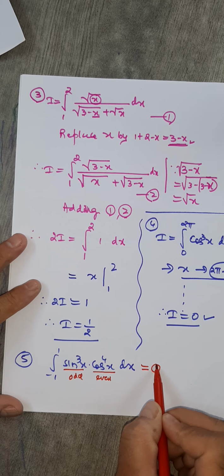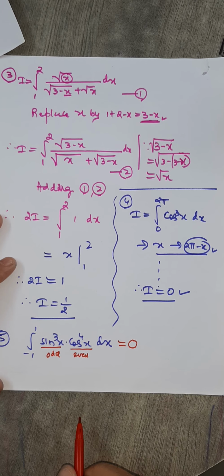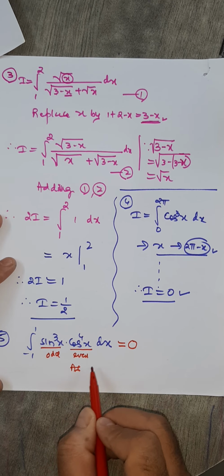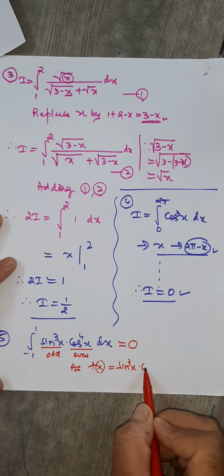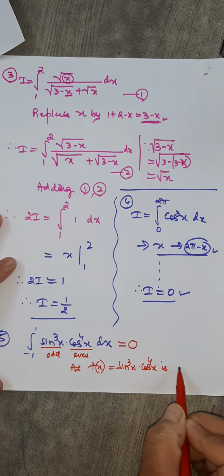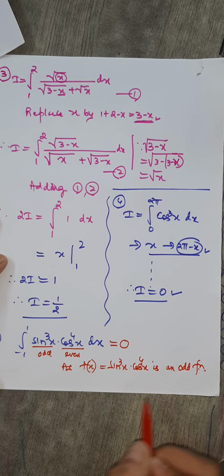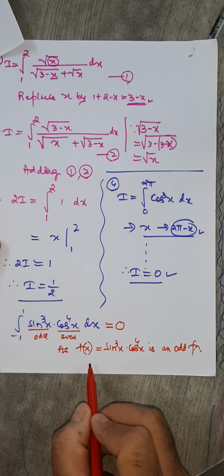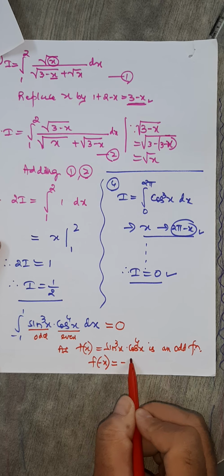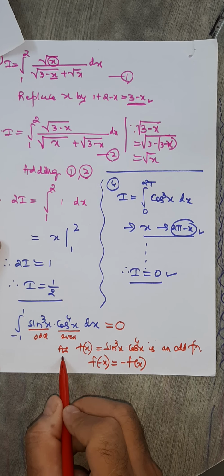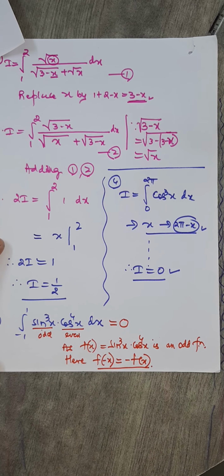So the value has to be 0. What's the reason? As f(x) equals sine cube into cos raised to 4 is an odd function. Why an odd function? You can check. You find f of minus x, replace x by minus x, you will get minus f(x). Here you have this, and therefore the value of the integral is 0.